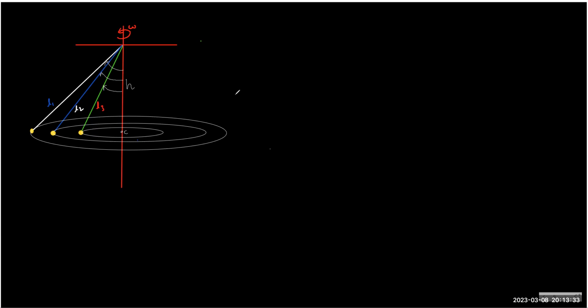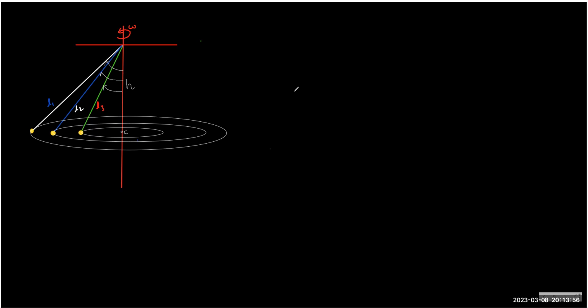So they will swing in a way to reach the same height. For a given omega, they will attain the same height. As L changes, theta will change, but in a way that h remains the same, because they all have to be at the same height. Is this clear?